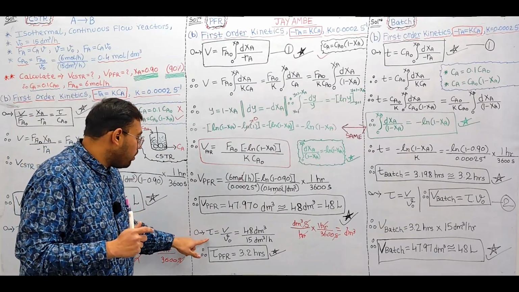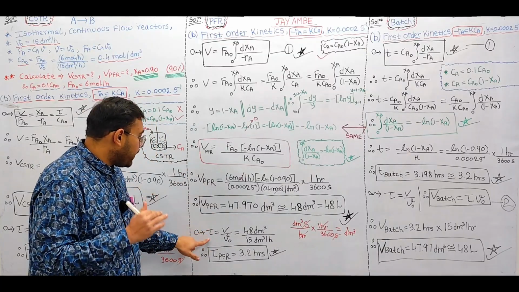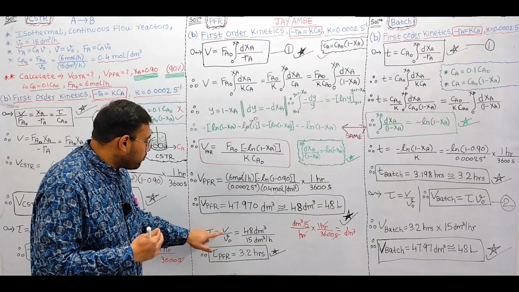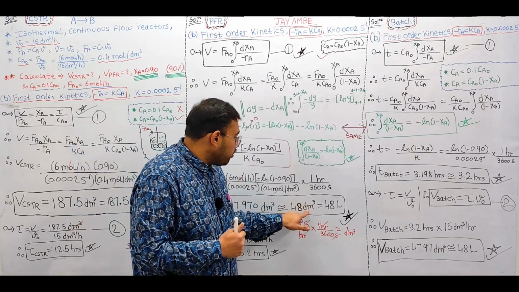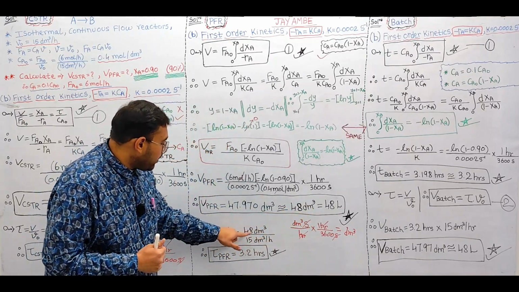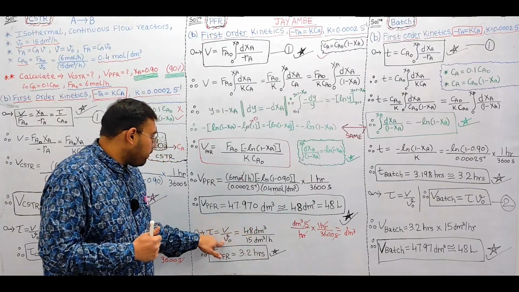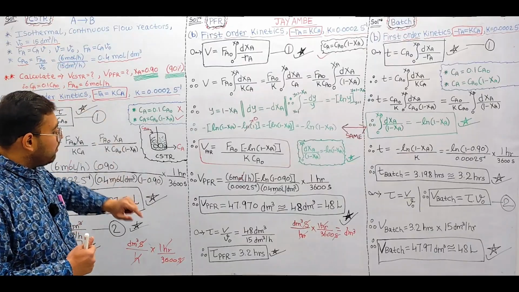We can calculate the time required for the plug flow reactor by using the space time. Space time is denoted as tau, the ratio of volume to volumetric flow rate. The volume of the plug flow reactor is 48 cubic decimeter, divided by the volumetric flow rate, which is 15 cubic decimeter per hour.